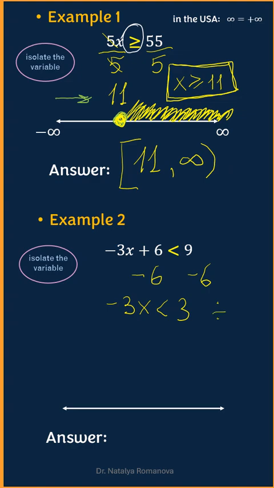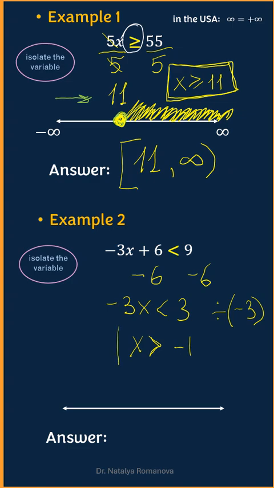Carefully, we must flip the sign. So we divide by negative 3: 3 divided by negative 3 gives us negative 1, and we must flip the sign, so it would be greater than negative 1.